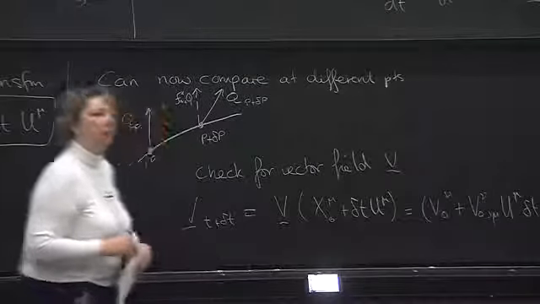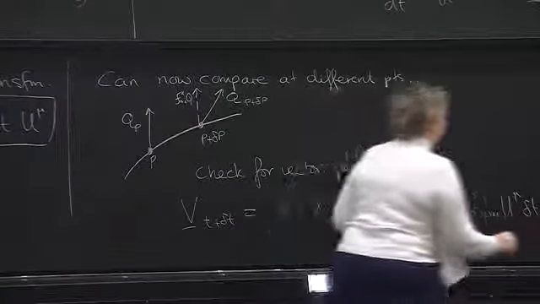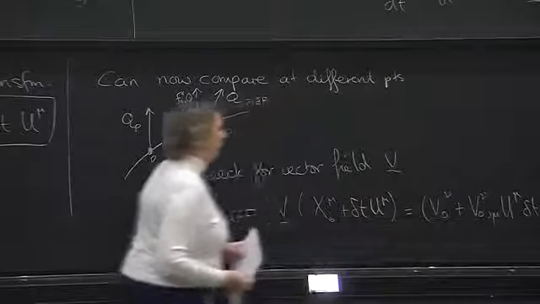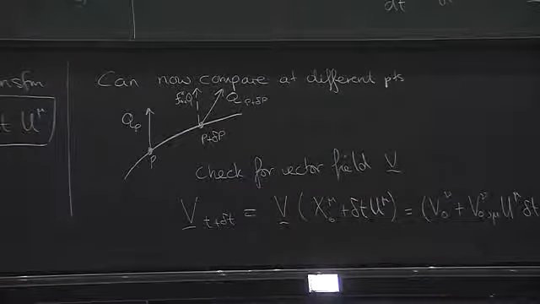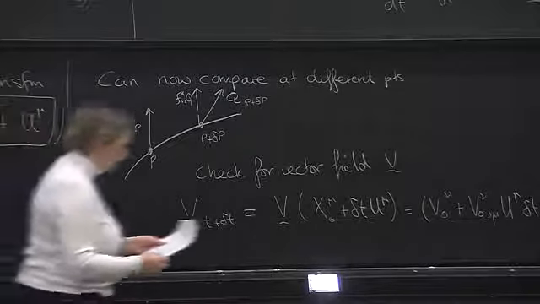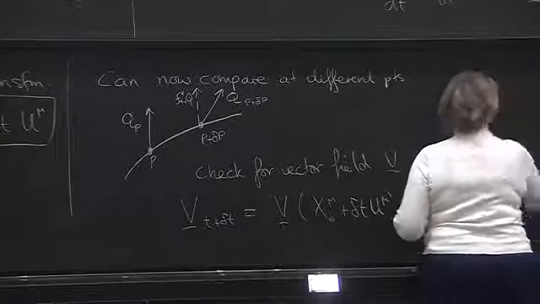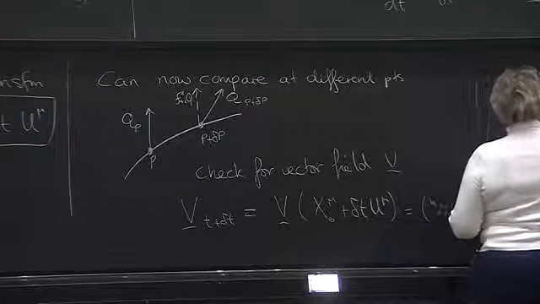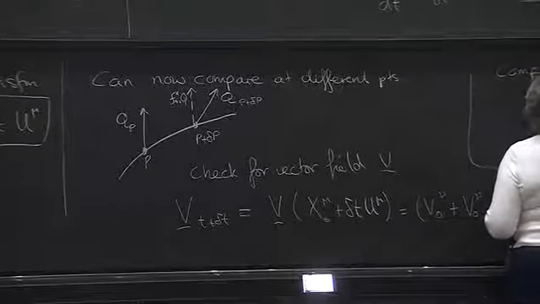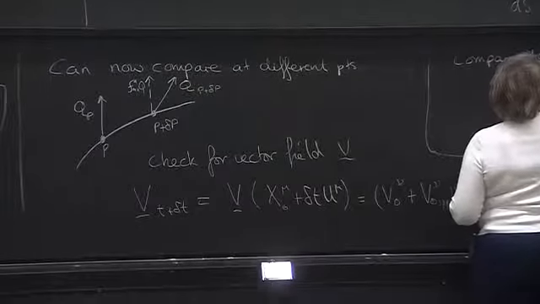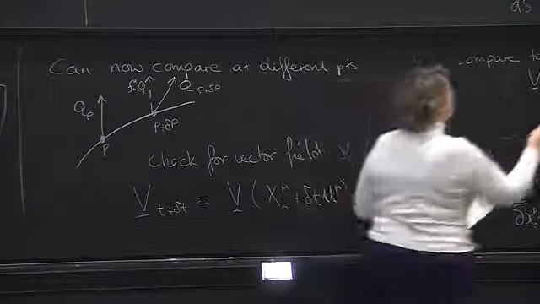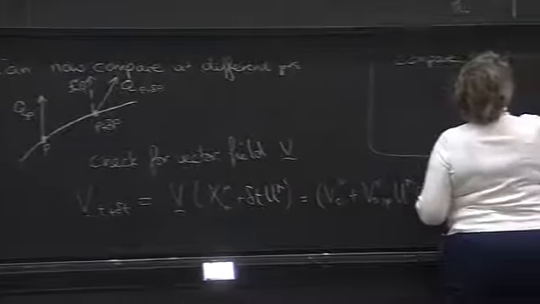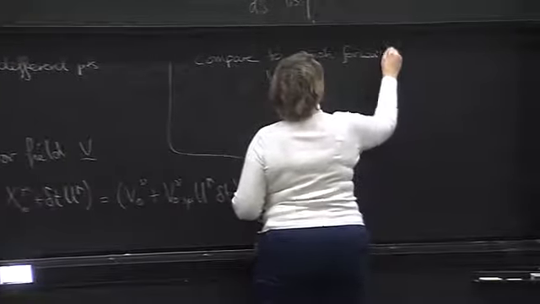If I put that in a coordinate basis, then the components of V at a neighbouring point are just going to be V at the initial point plus its derivative along that curve. Meanwhile, we want to compare that to the pushed forward version of V.